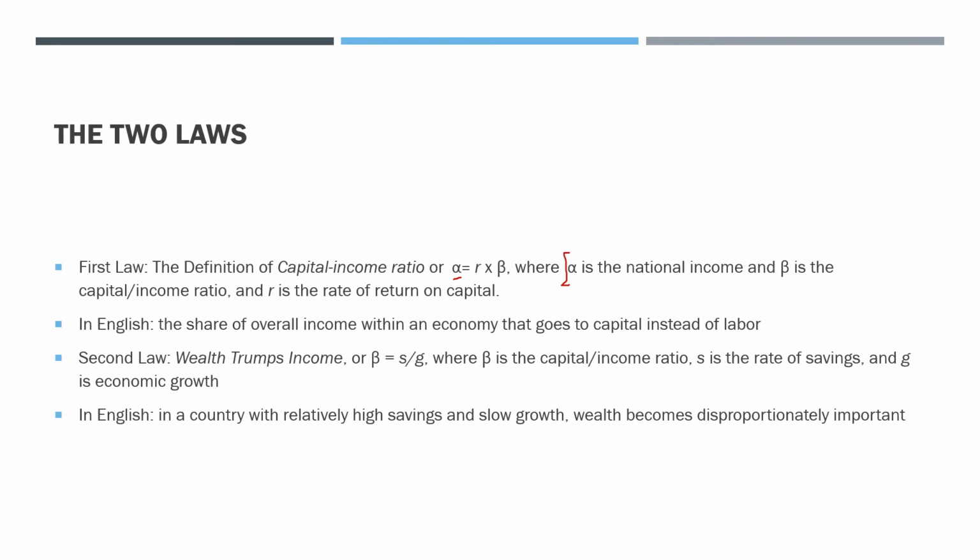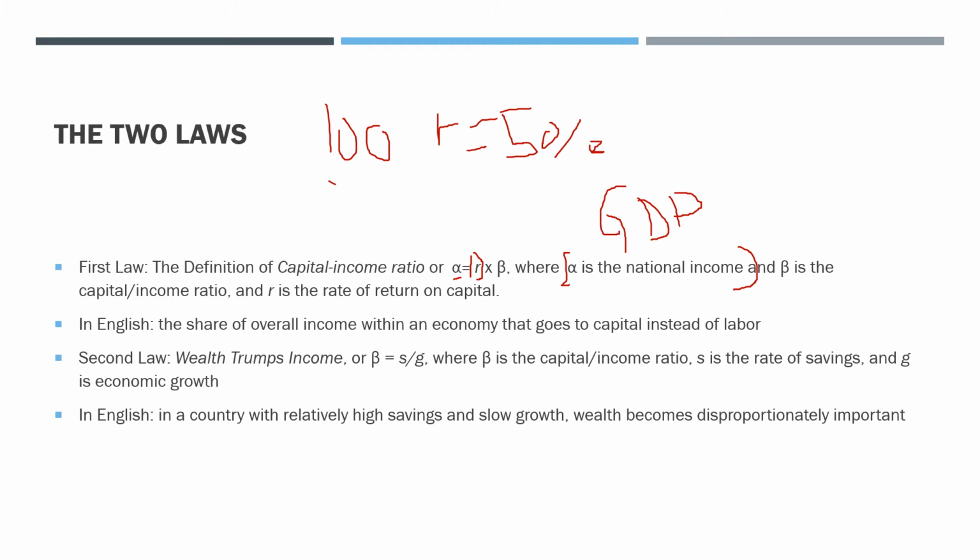Alpha is the national income, meaning typically we can understand this simply as the GDP. R is the rate of return on capital, right? Meaning that if you invest, say, $100 and R is 5%, then you can expect a return of $5, right?